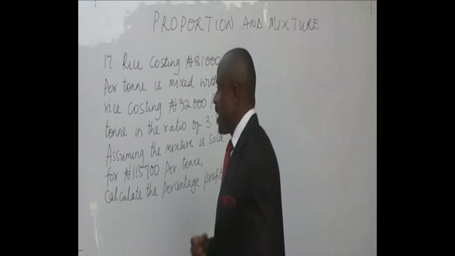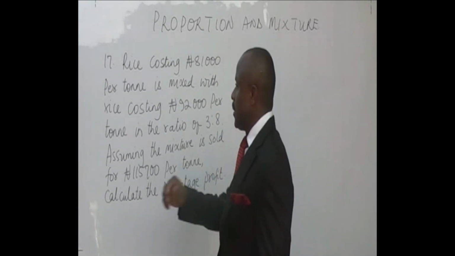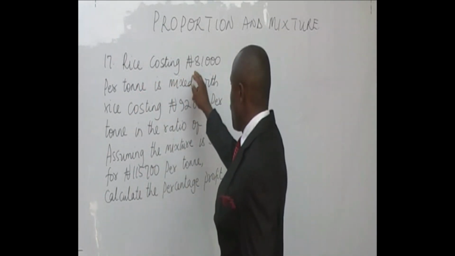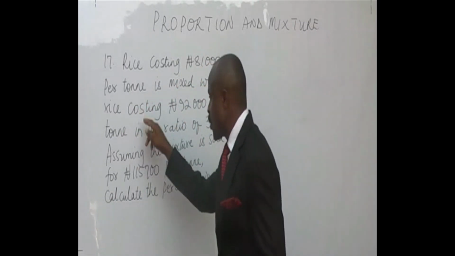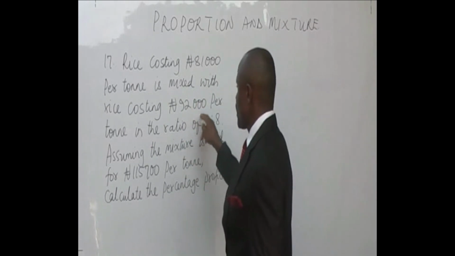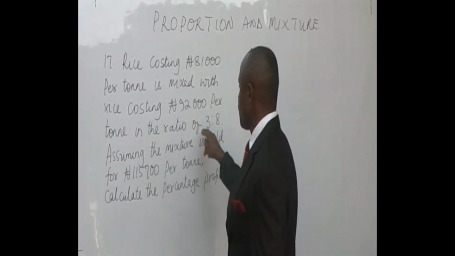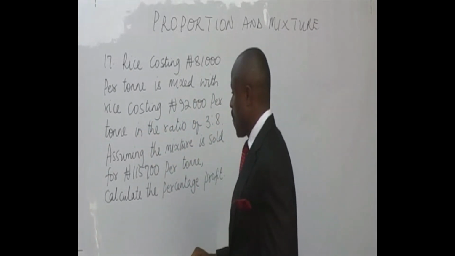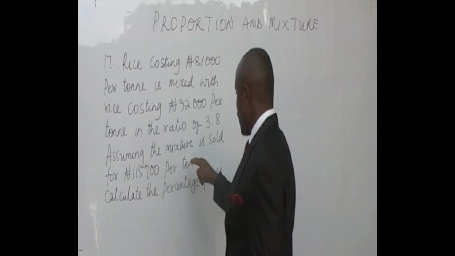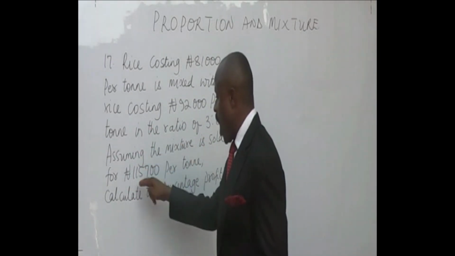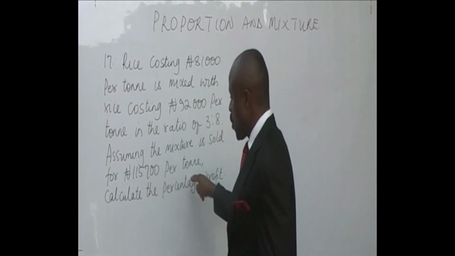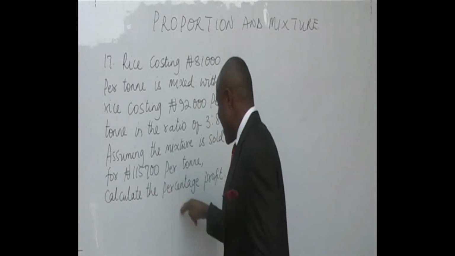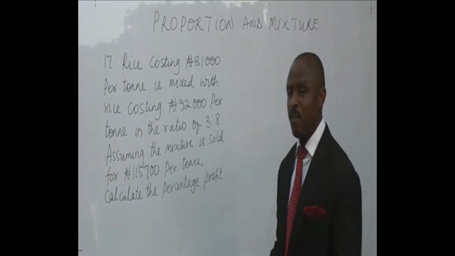Question number 17 says, rice costing 81,000 per ton is mixed with rice costing 92,000 per ton in the ratio of 3:8. Assuming the mixture is sold for 115,700 naira per ton, calculate the percentage profit.